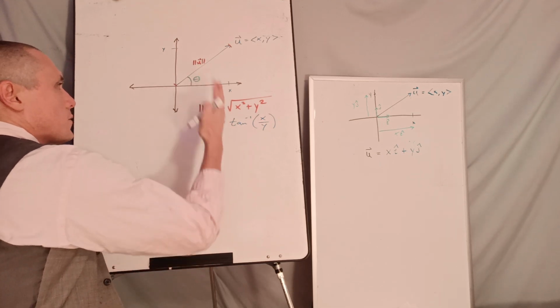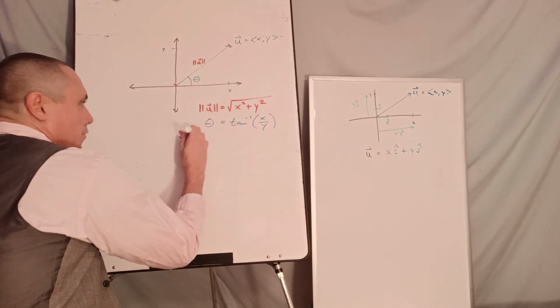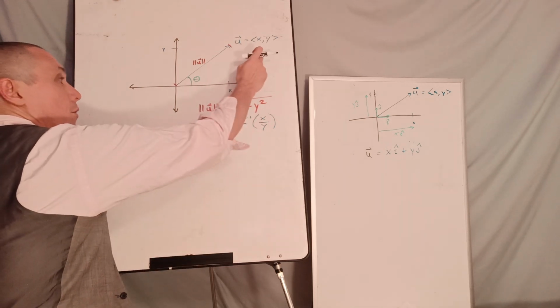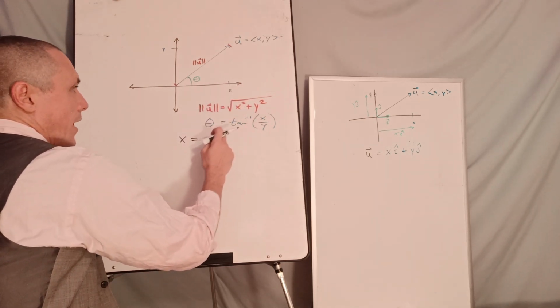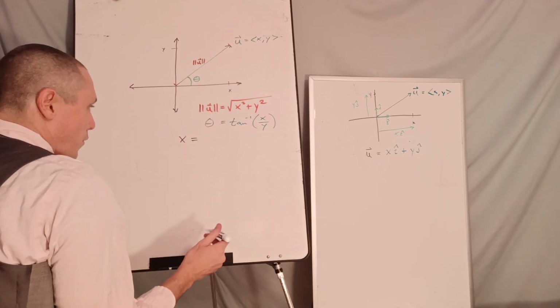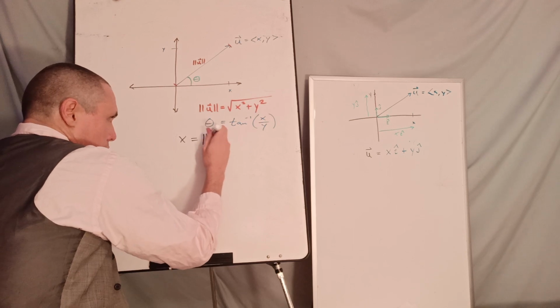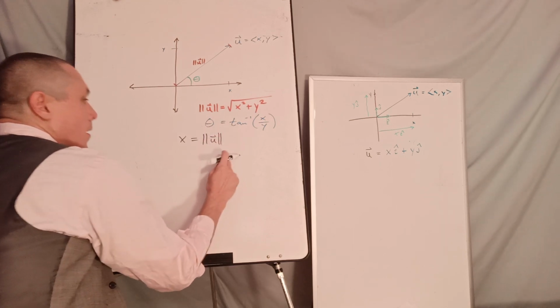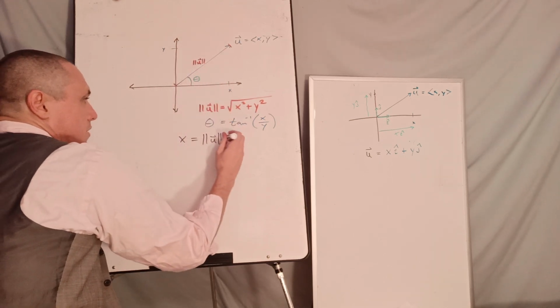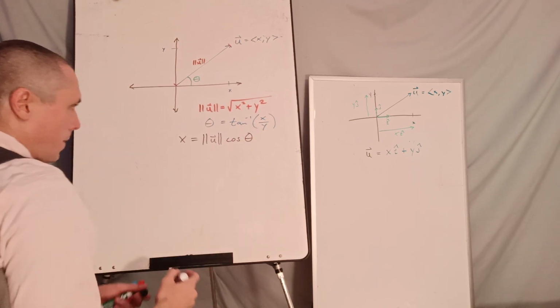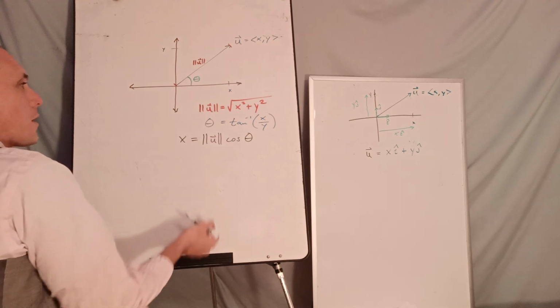What's going to be more important, it turns out, for our purposes, is going to be writing the coordinates in terms of these angles and magnitudes, right? So here we have the magnitude playing the role of r, and from the definition of cosine, right, we have that this is cosine of theta times the magnitude, giving me x.